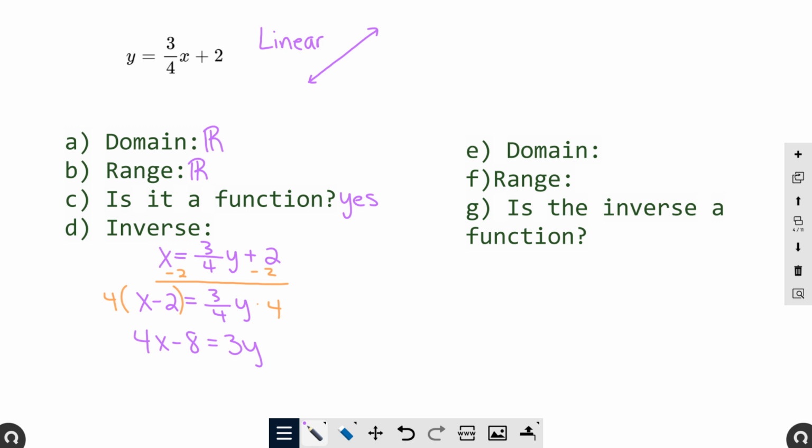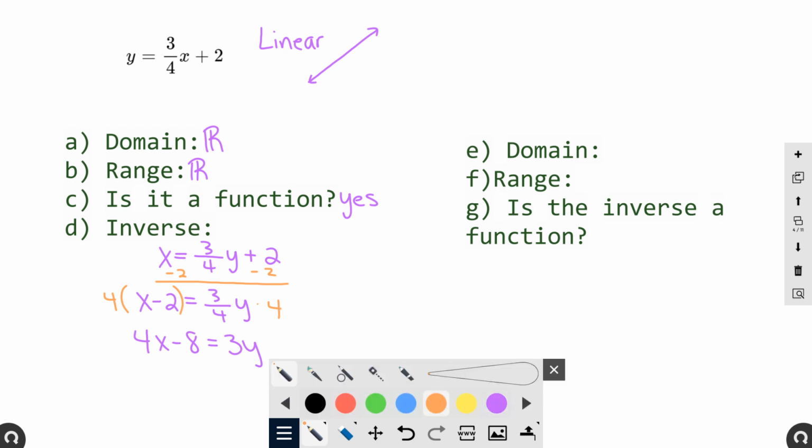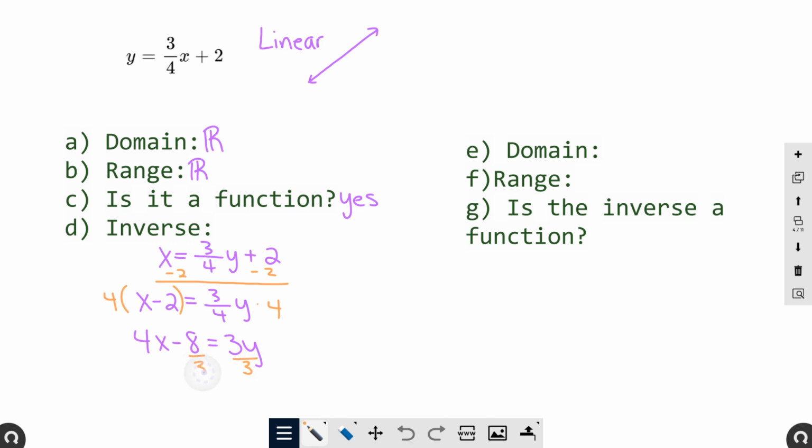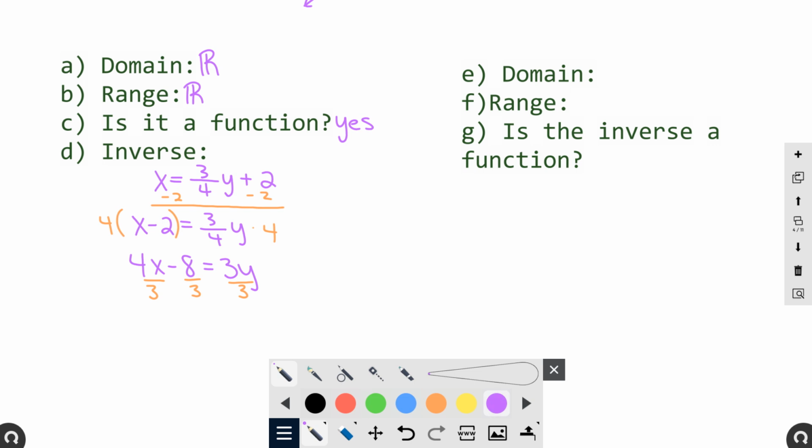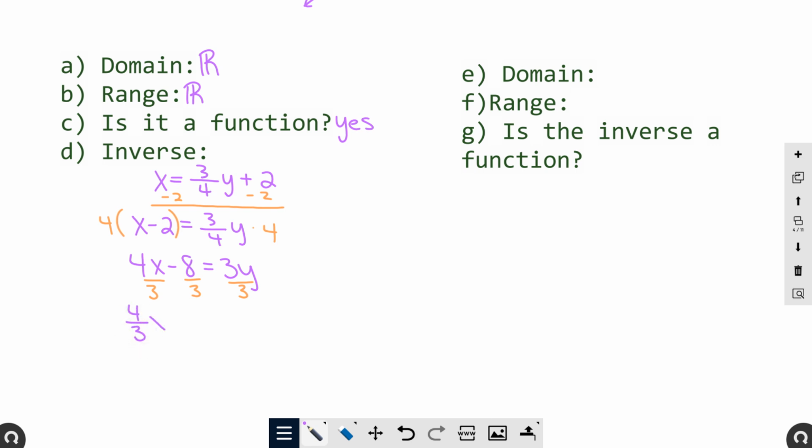Now, what would you do to get y by itself? Divide by 3. And if you divide one thing by 3, you have to divide all of it by 3. So we end up with 4/3 x minus 8/3 equals y.